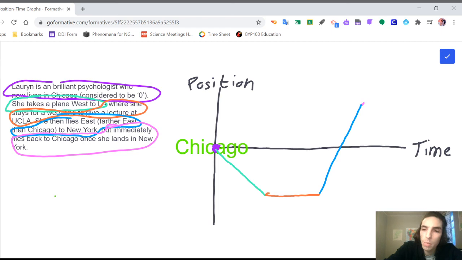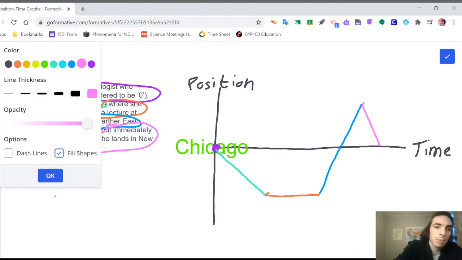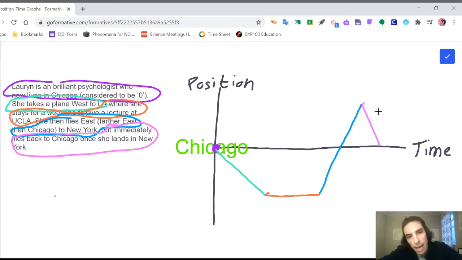So she immediately flies back to Chicago once she lands in New York. If that happens immediately, because she's so disgusted by New York, even without leaving the terminal, she immediately gets on a plane back to Chicago. Now, more realistically, and this was pointed out in class when we did this example, chances are Lauren couldn't just get right back on another plane and leave immediately unless she's got some private jet, because that psychologist money has really been coming in.